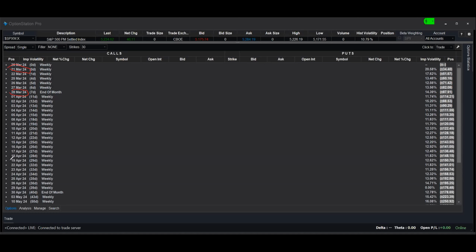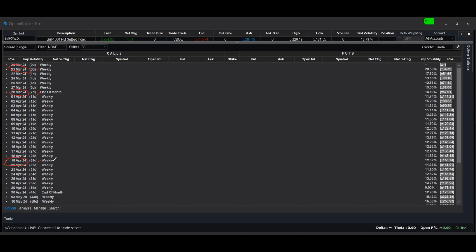Something that is at least a month out. And you can look at the days to expiration. That's tomorrow, this is 7 days out, and this expires in 29 days or roughly a month. So these are my three options that I'm looking for in the market.